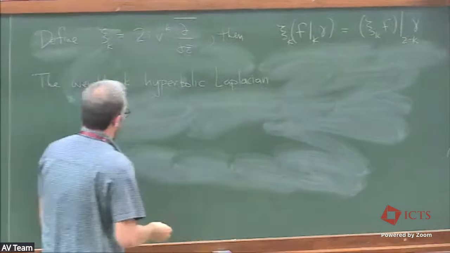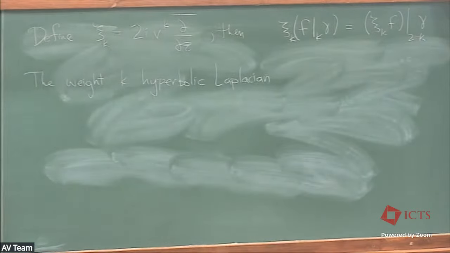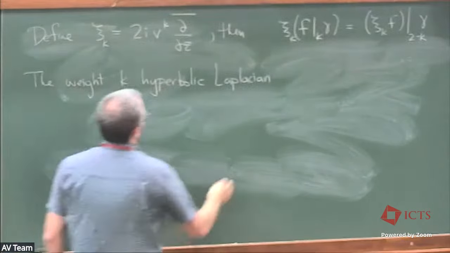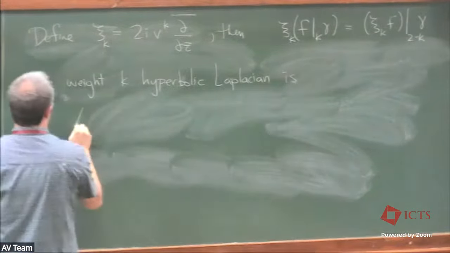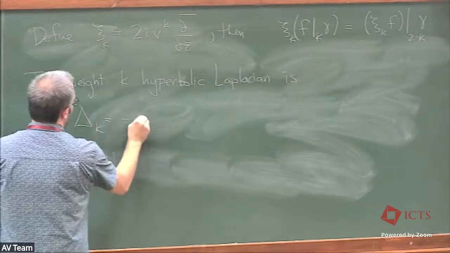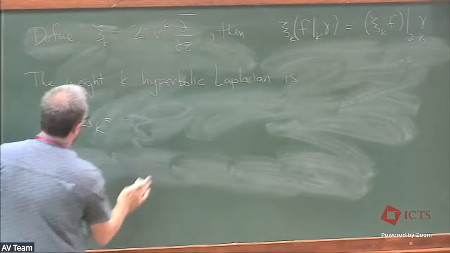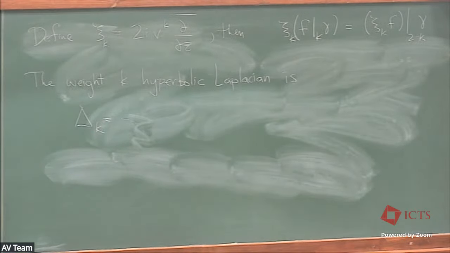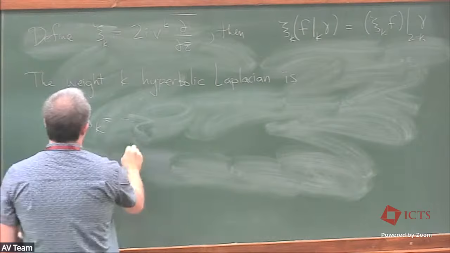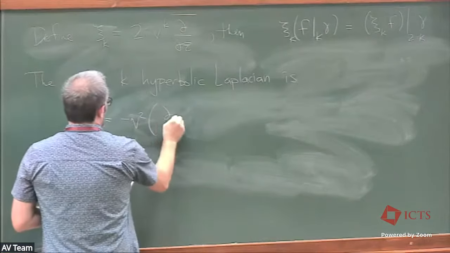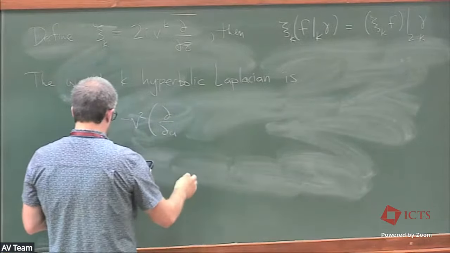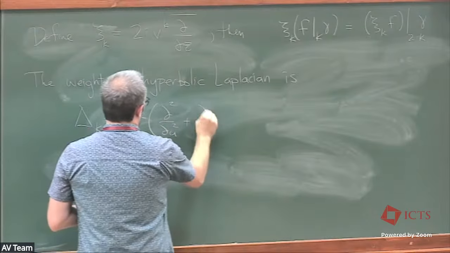We've seen this already today in Professor Murty's talk. The weight k hyperbolic Laplacian is delta_k. So this is minus y. Oh, I'm using y again. That's bad. That's v. I'm definitely going to mess that up again. So minus v squared, partial derivative with respect to u. These are second order.